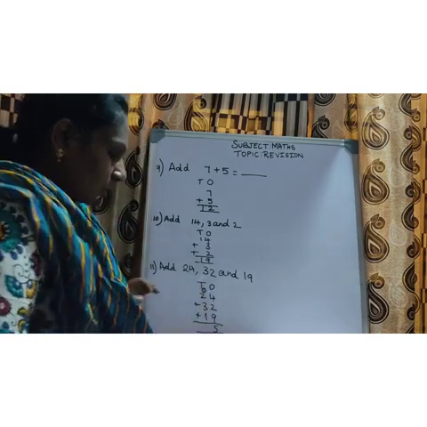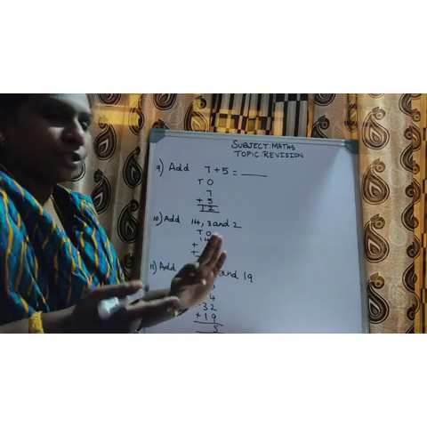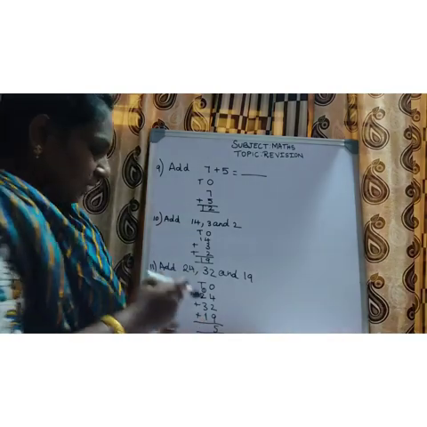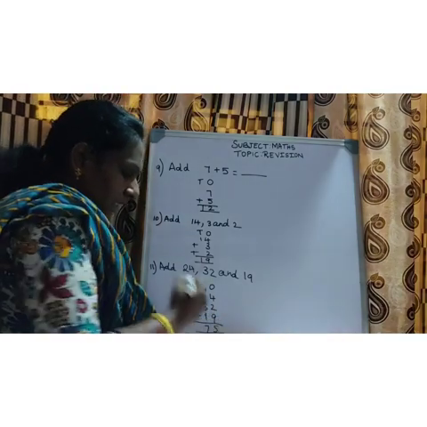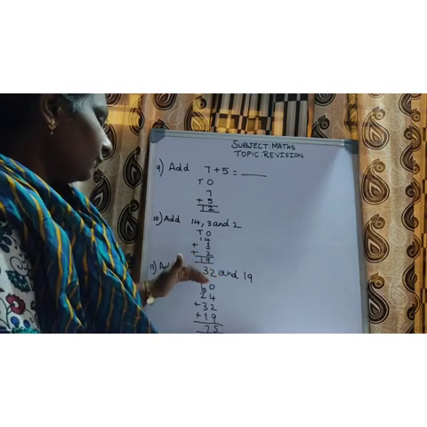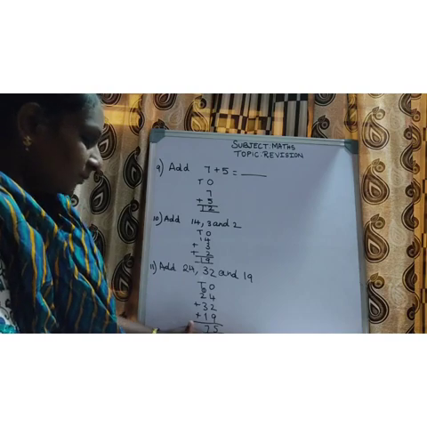So 2 plus 1 is 3. 3 plus 3: 3 in your mind, 3 show it in your finger. After 3: 4, 5, 6. 6 plus 1 is 7. So 24, 32 and 19, what is the answer you get, children?